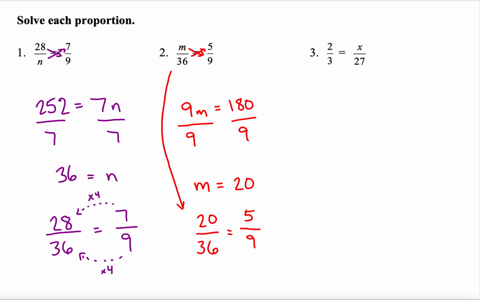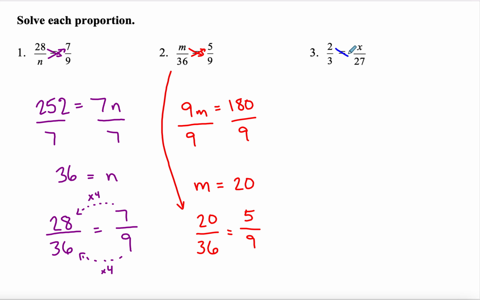Finally, two-thirds is equal to what fraction, right? We're simply kind of balancing fractions here. The ratio says 2 for every 3. So if the ratio remains consistent, how many for every 27? If there are 2 for every 3, how many for every 27?